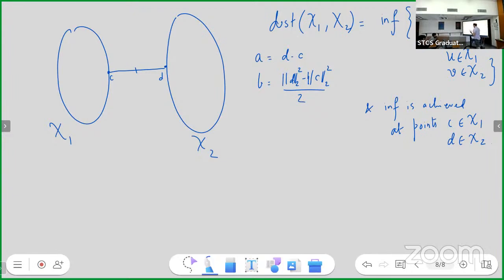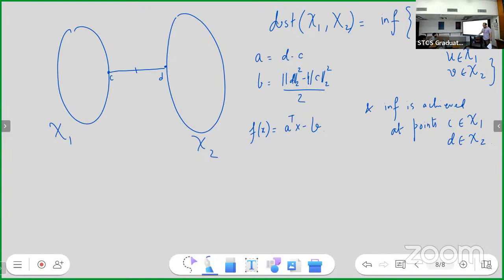And then think of the function f of x equal to A transpose x minus b. And then any point in x1 evaluates to what, and any point in x2 evaluates to what. That's how you have to show that it's less than 0 on one side and greater than 0 on the other. That's all I've done.